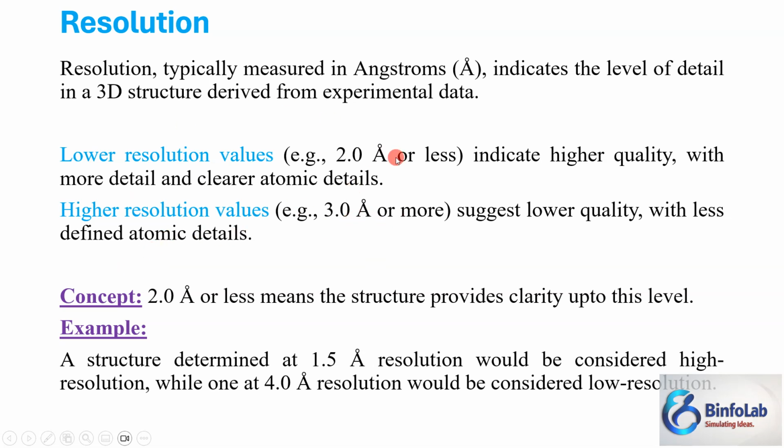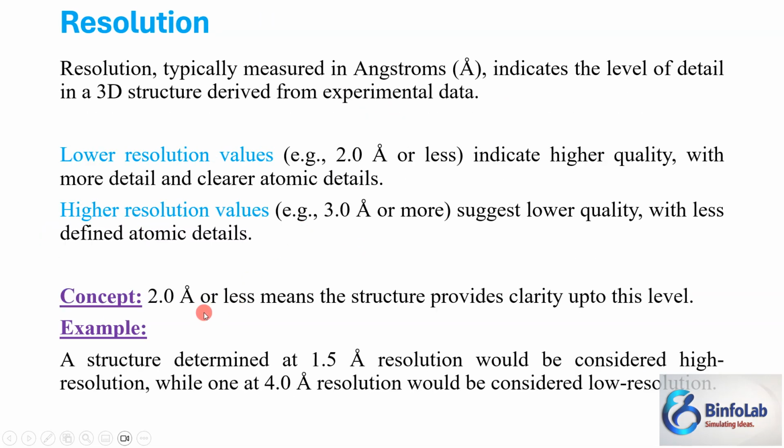So if I ask you which of these two structures is higher resolution, your answer should be 2, not by the number but by the quality. The quality of this structure will be better. And if you have 1.5 resolution, then that one will be the best of these two.